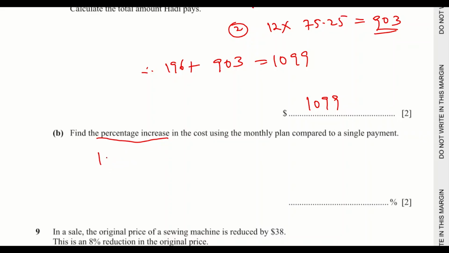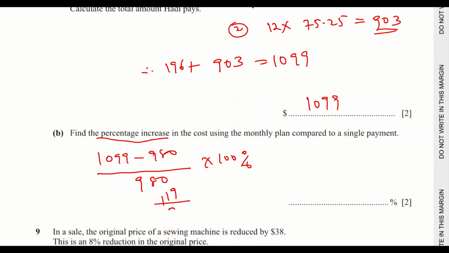So that will be 1099 minus 980, that is the monthly plan and the one-time payment, over the actual one, which is the one-time payment 980. Then multiply by 100%. You can input this into a calculator or simplify this into 119 over 980, then multiply by 100%. That will give you 12.1.